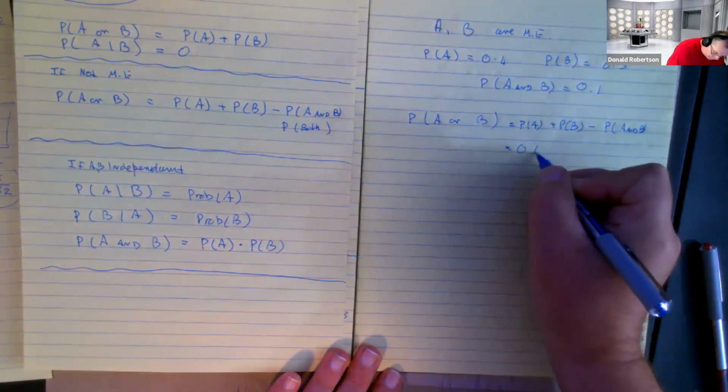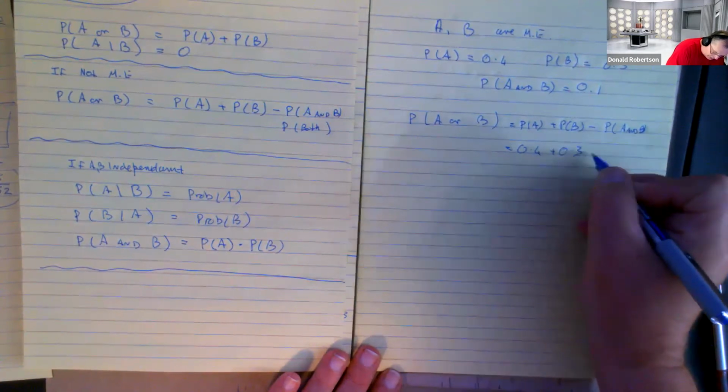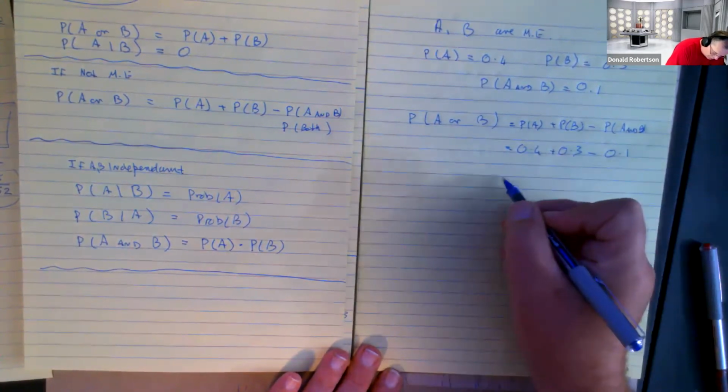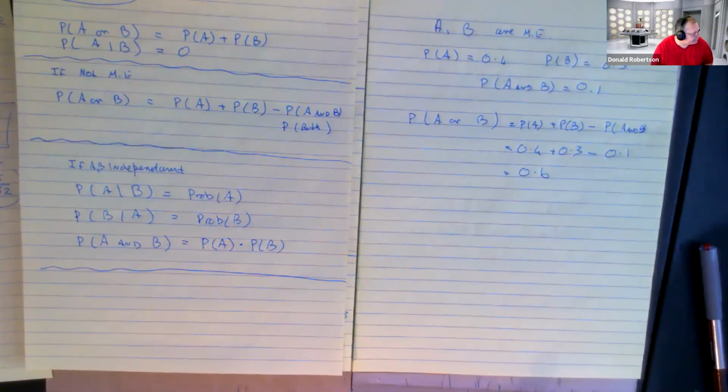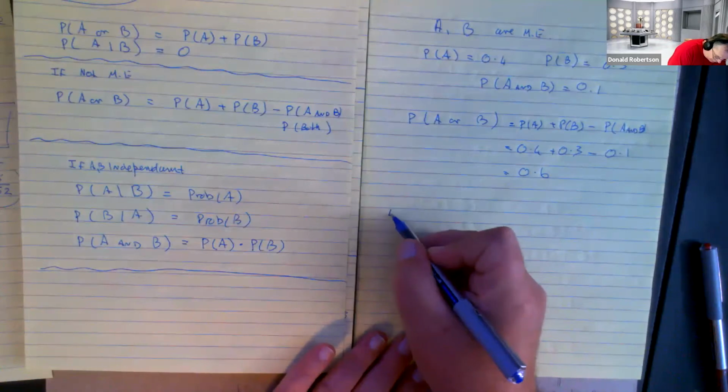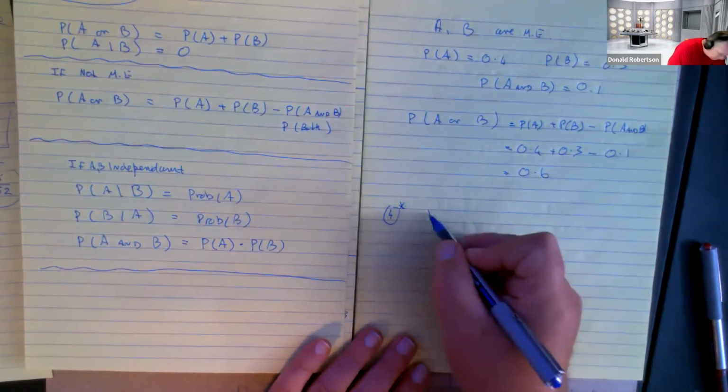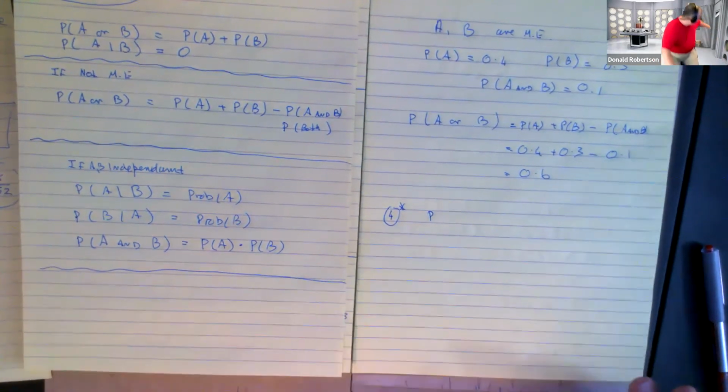So it's 0.4, 0.3, and you take away 0.1, and so that would be 0.6. This is a version of question 4 then.